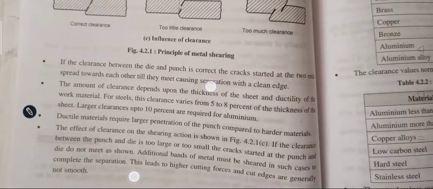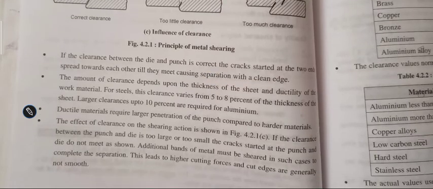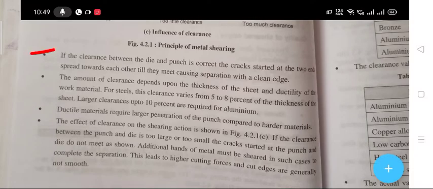In this principle of metal shearing, हमने यहाँ पे देखा कि if the clearance between the die and the punch is correct, the cracks started at the two ends spread towards each other until they meet, causing separation with a clean edge. The amount of clearance depends upon the thickness of the sheet and the ductility of the work material.